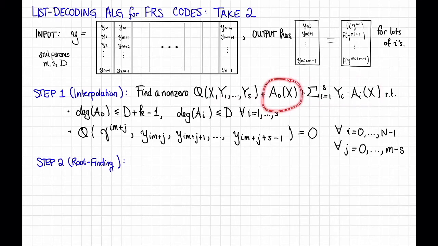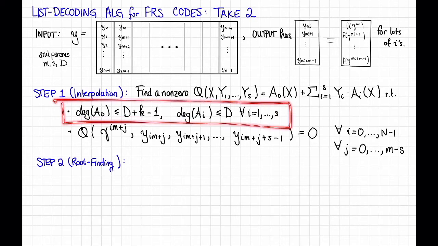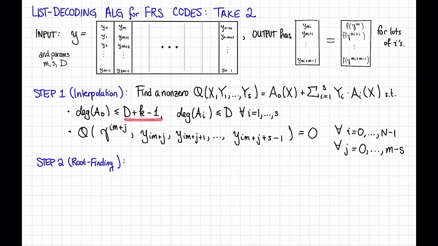So it's some univariate polynomial a naught plus the sum from i equals 1 to s of yi times some univariate polynomial ai, so that exactly the same degree restrictions as before hold. So the degree of a naught is at most d plus k minus 1, and the degree of ai is at most d. And so that q vanishes on all of those sliding windows that we alluded to earlier.